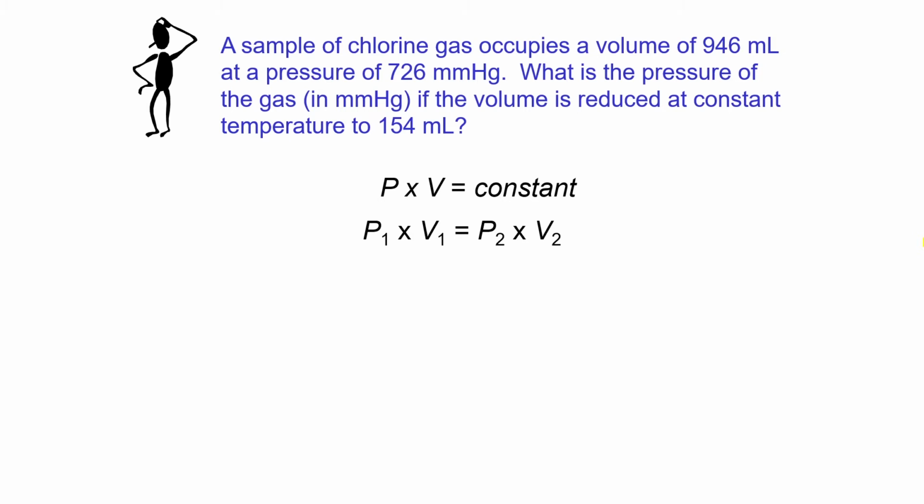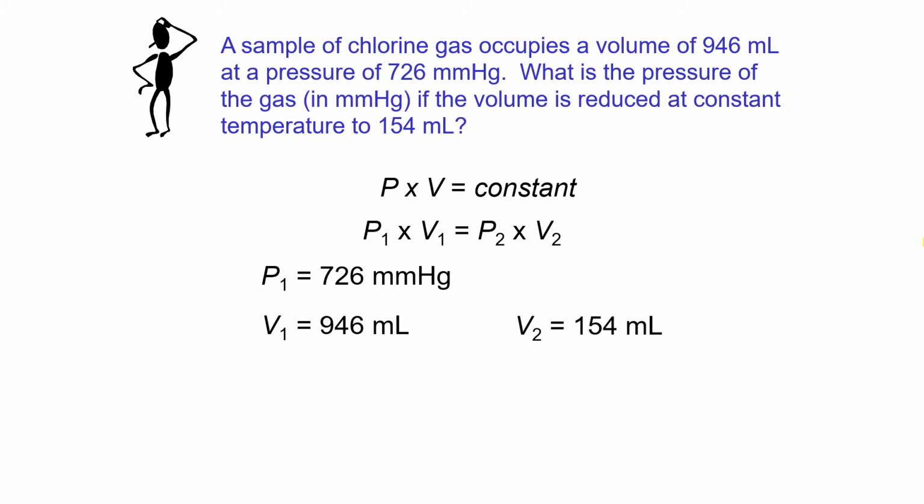So one of the key things here is to identify which one is which, who is P1, who is V1. Okay, we're starting at a pressure of 726 millimeters of mercury, so that's P1, and a volume of 946 milliliters, so that's V1. We're going to arrive at a final volume of 154 milliliters, and the question is, what will be the pressure at that point?